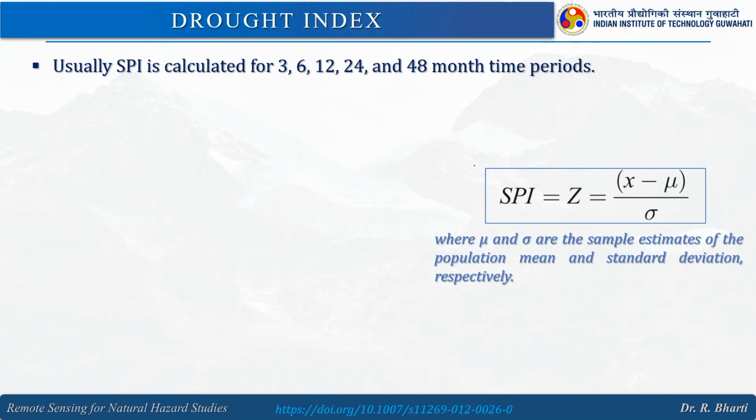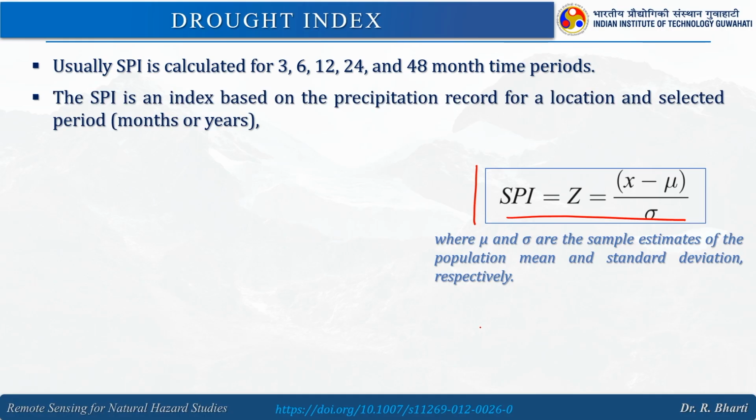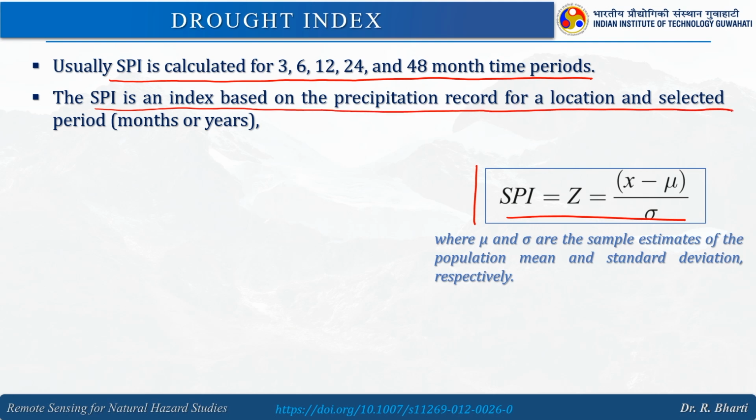You can calculate the SPI using this equation, and usually SPI is calculated for 3, 6, 12, 24 and 48 month time periods. The SPI is an index based on the precipitation records for a location and selected periods. It can be months or years.